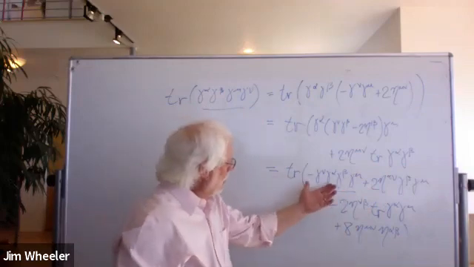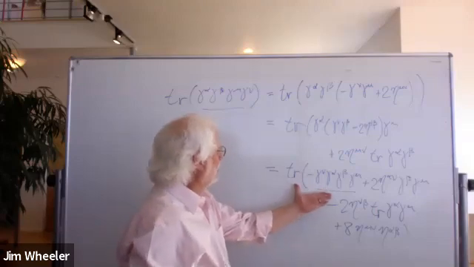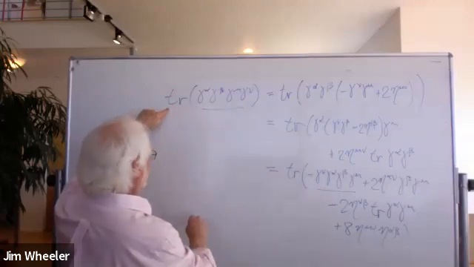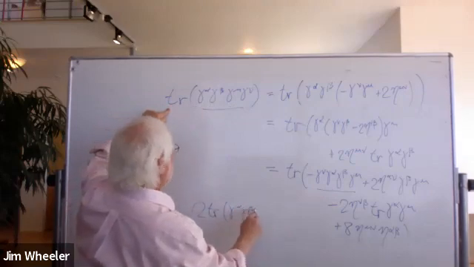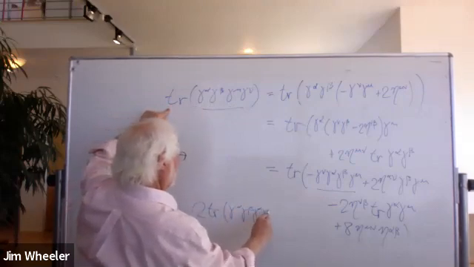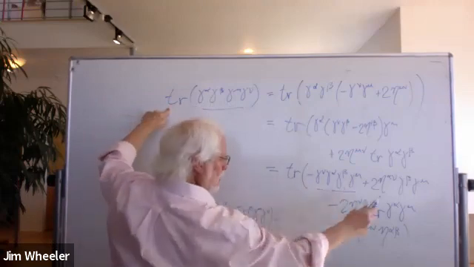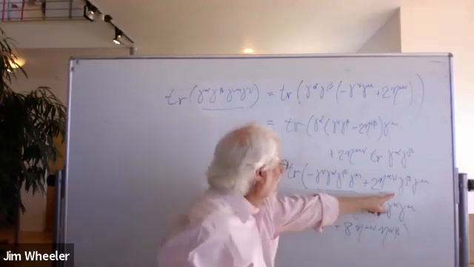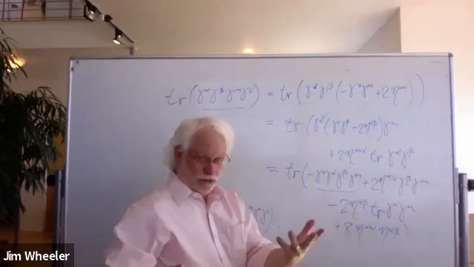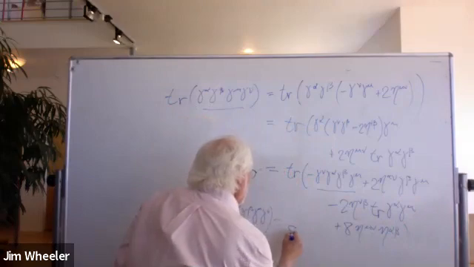So here I have minus the original trace. I bring it to this side and I get 2 of them: 2 trace of gamma alpha, gamma beta, gamma mu, gamma nu, and it's equal to whatever's left over here. And putting in the traces of these products, which we've already done, I'm going to get an overall 8.